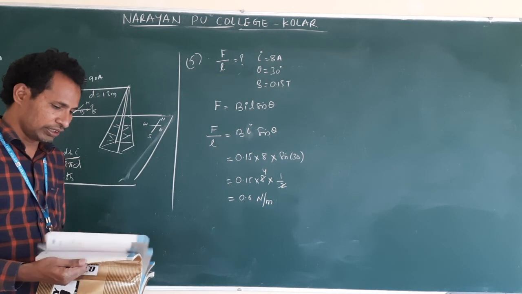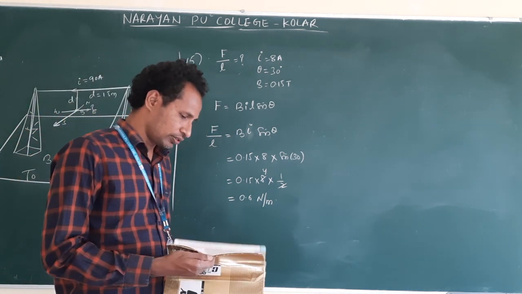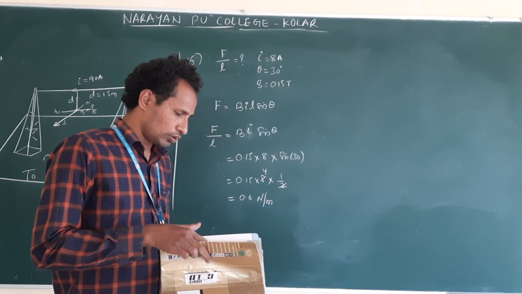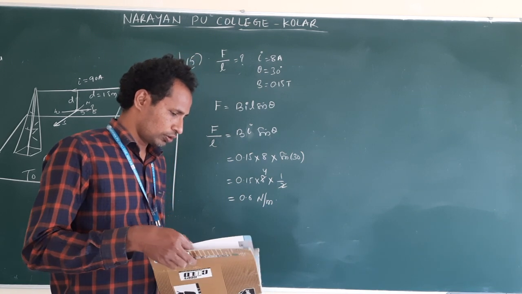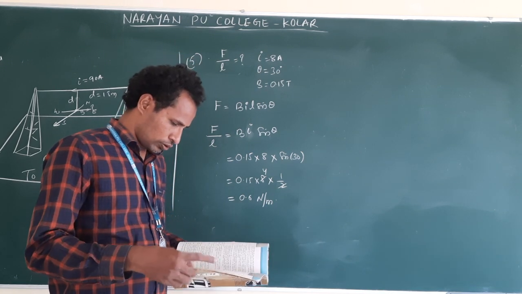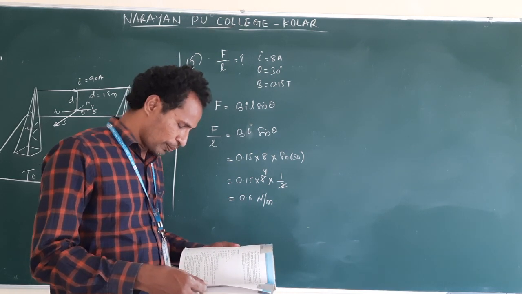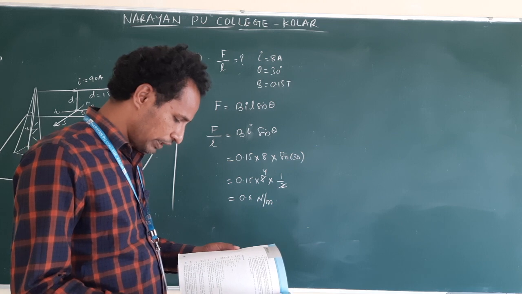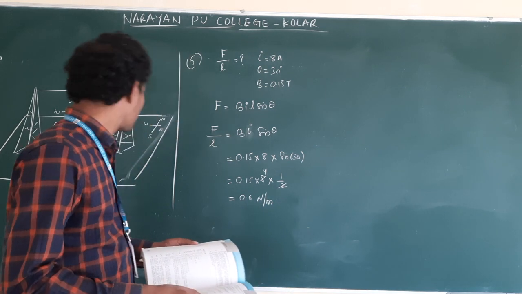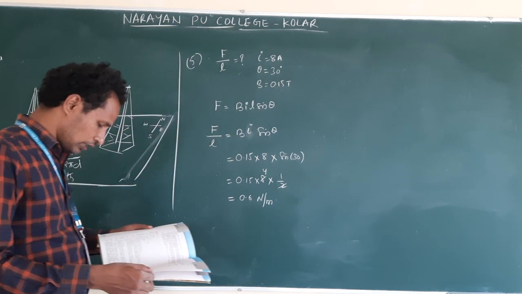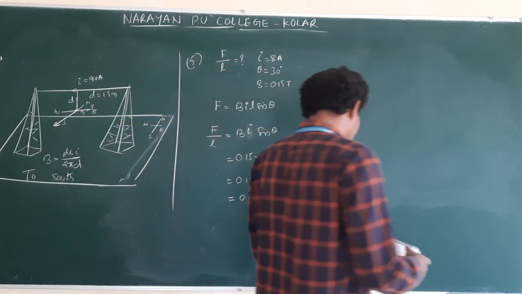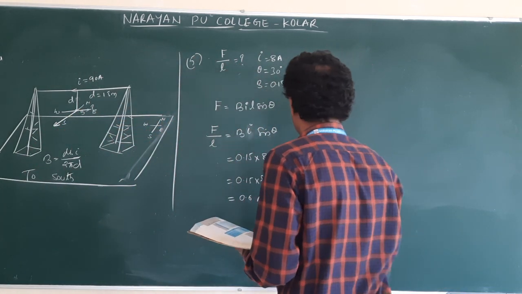Okay, let me check the answer. It is fifth question. Yeah, 0.6 Newton per meter. And previous question, south direction. Correct. Now we will go. Now we will see sixth question.